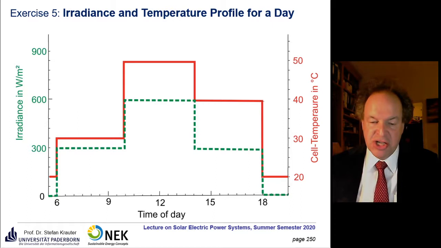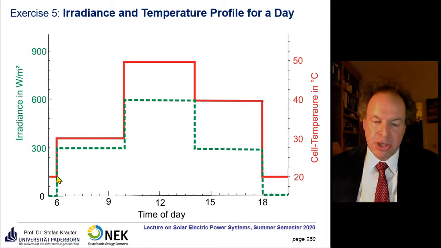So the dashed green line is the irradiance value. Here 300 watt per square meter until 10 a.m., then 600 watt per square meter until 2 p.m., and from 2 p.m. to 6 p.m. we have 300 watt per square meter. After sunset, irradiance is 0.